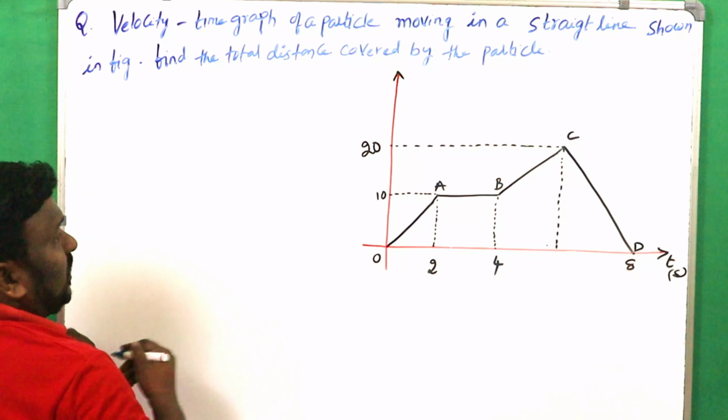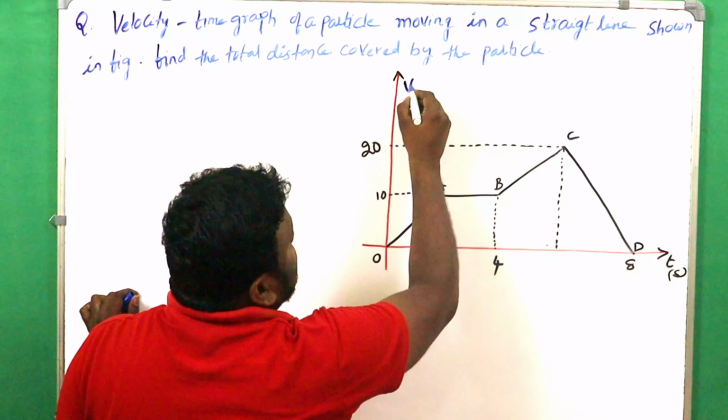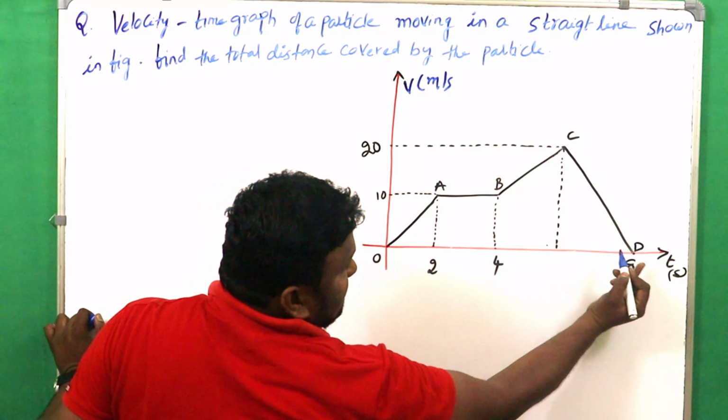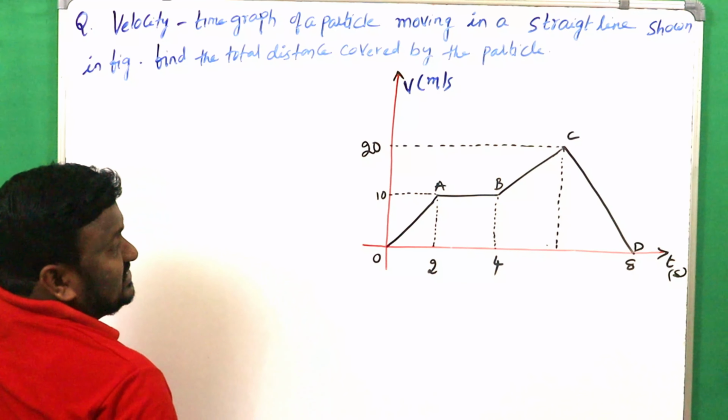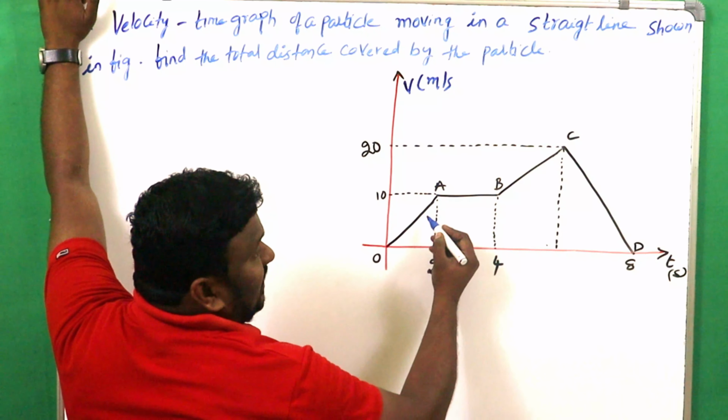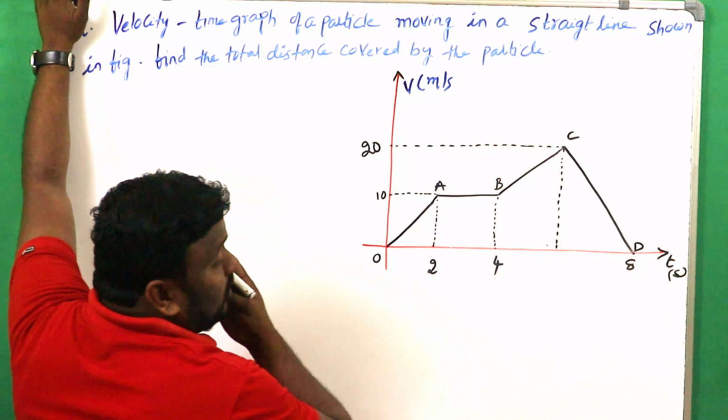The graph has velocity in meters per second on the y-axis and t along the x-axis. First we have to divide the area under the graph into a number of parts.